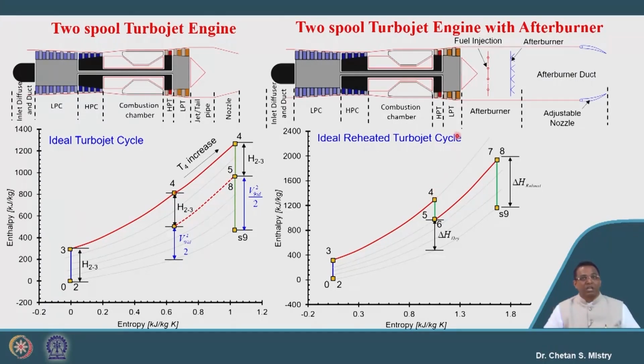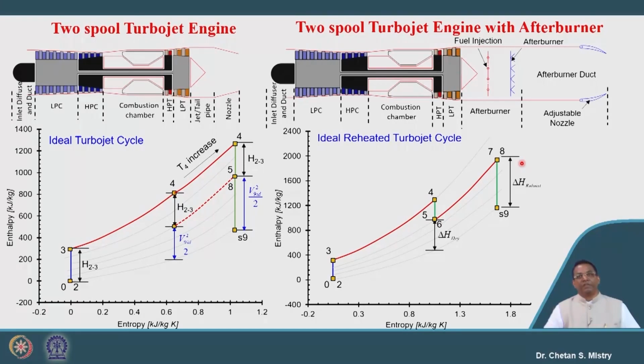As we have discussed, if I increase my T4, I have limitations in terms of my turbine entry temperature, with the metallurgy or material of my turbine. Here, the exhaust coming out from my turbine is what we are injecting, and I am not having any further rotating components here. That means I can raise as much temperature as possible, and that's how we are augmenting our thrust.